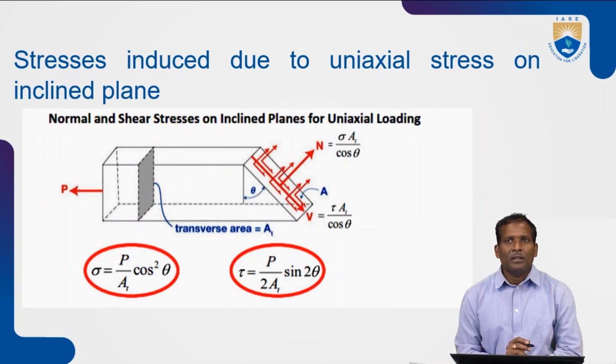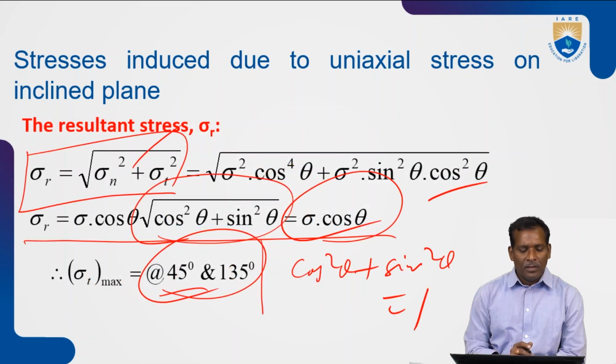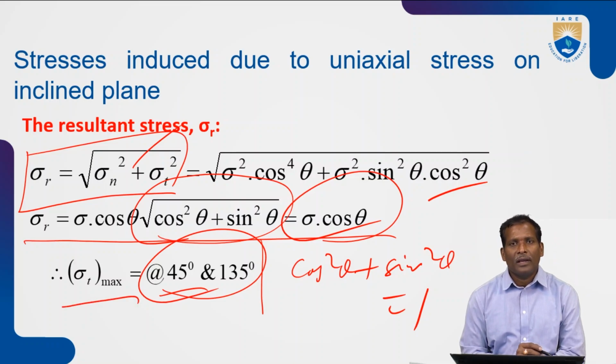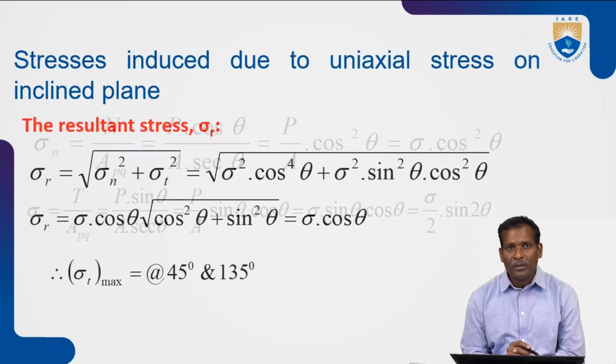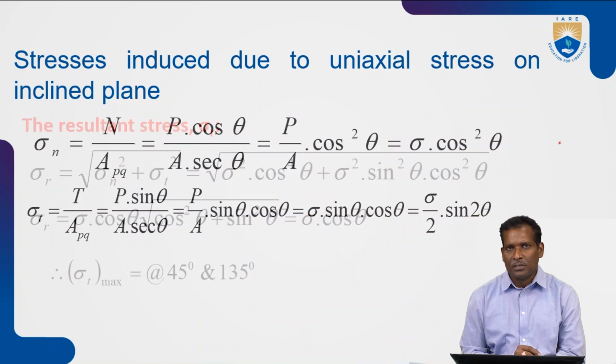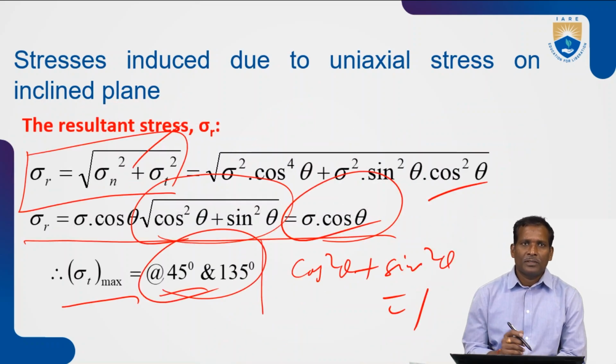The normal and shear stresses on inclined planes for uniaxial loading: we calculated that the tangential stress occurs at 45 and 135. The tangential stress formula is sigma by 2 sin 2 theta, and the normal stress is equal to sigma cos square theta.